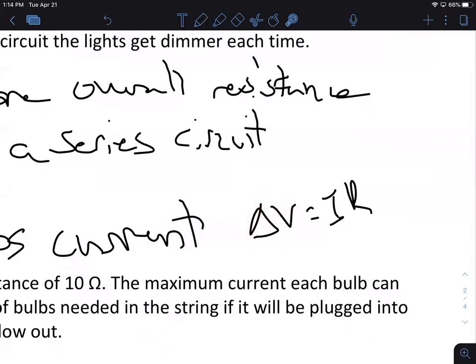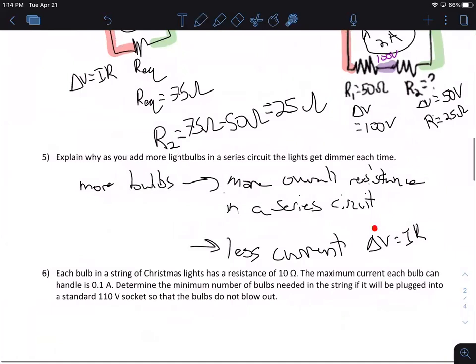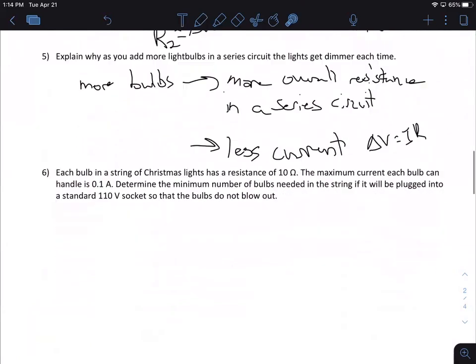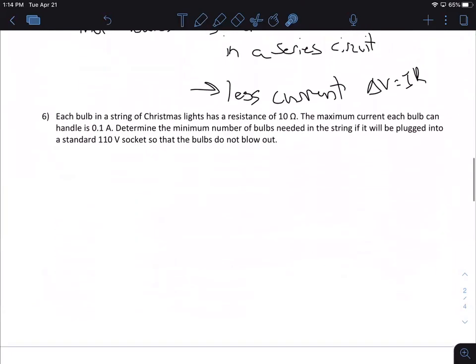So it's not going to be as bright. We could also talk about power when we get to power next time. Less current is going to mean less power, which means less brightness.